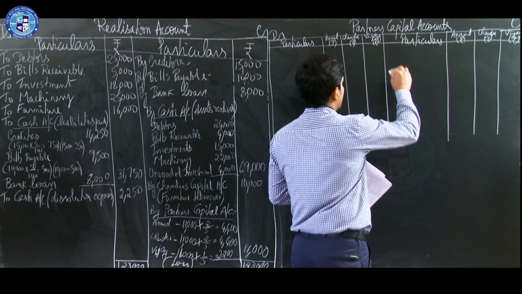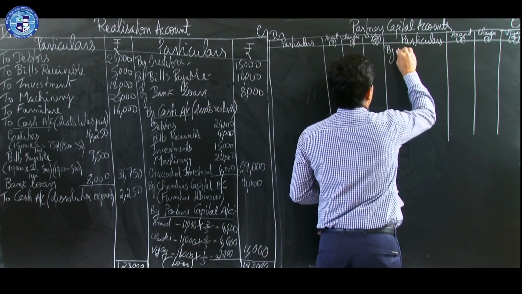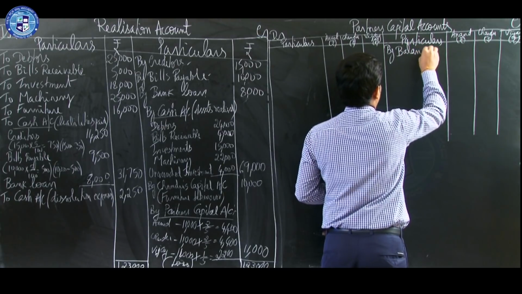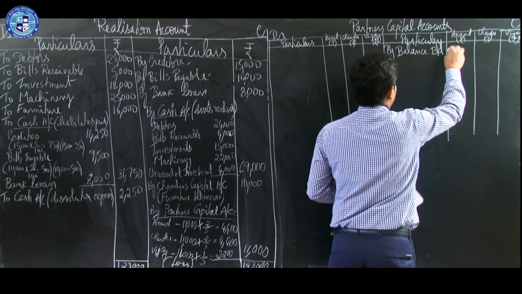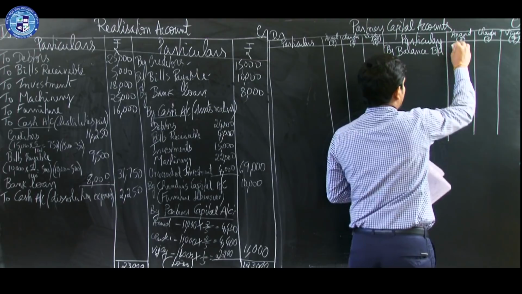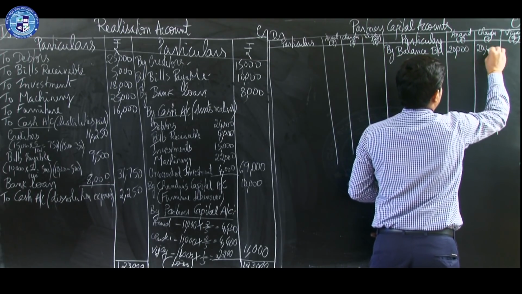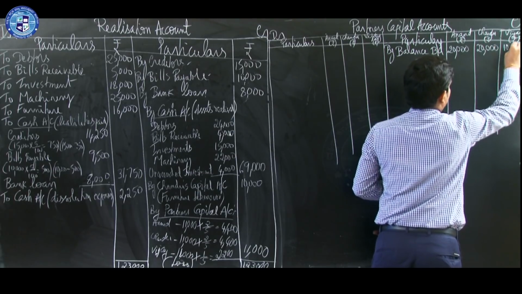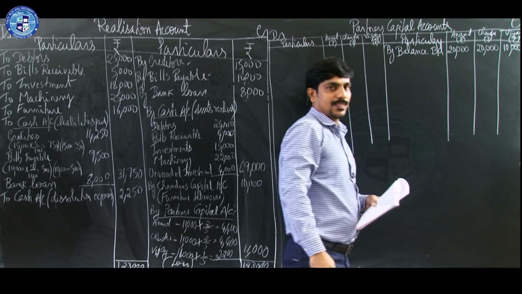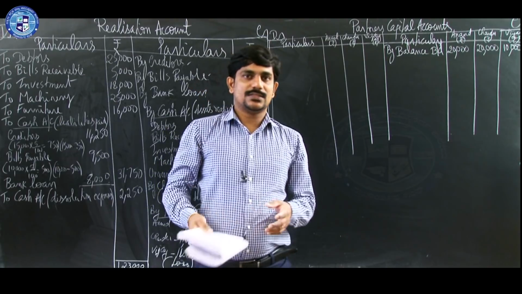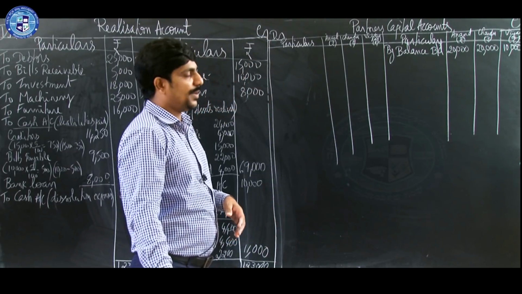So you record it under the credit side, by balance brought down, opening balance: 20,000 for Anand, 20,000 for Chandu and 10,000 for Vijay. That is the opening capital amounts of the partners.